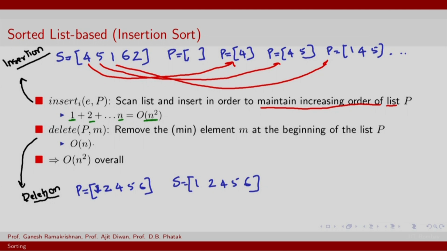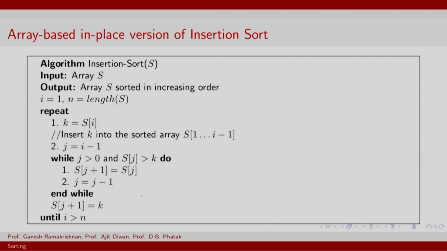Now this naive implementation of insertion sort should ring some bells. You should probably consider getting the sorted content of P straight away into S without having to populate a separate P. Why? Because you notice that in the process of obtaining a sorted S you have actually first created a sorted P. So that gets us to the in place version of insertion sort, and let us understand how this functions.